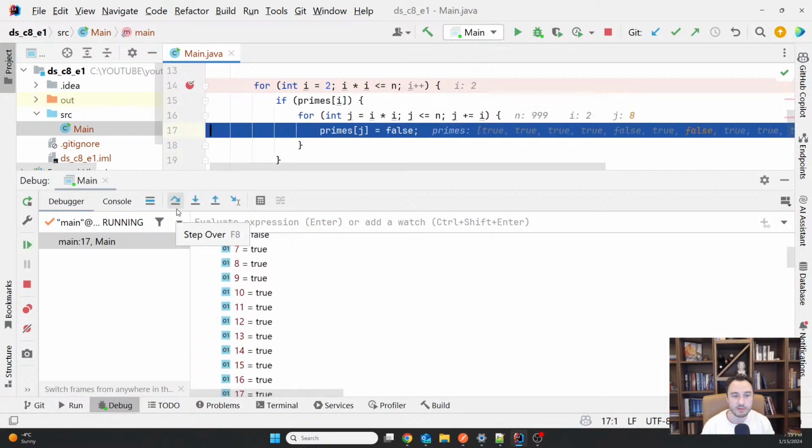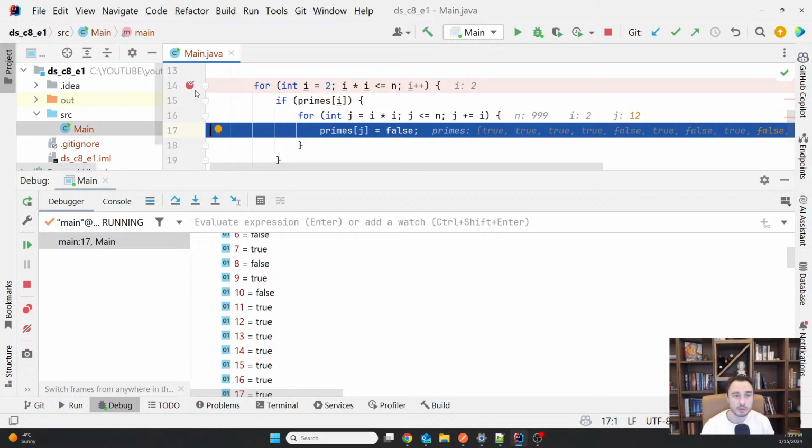So every 2 values, they become non-prime because we observe they divide with 2. Being that they divide with 2, it makes no sense for them to be considered prime. It's clear they are not prime anymore.